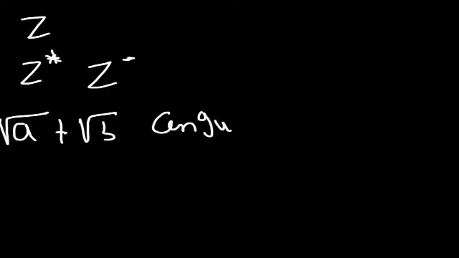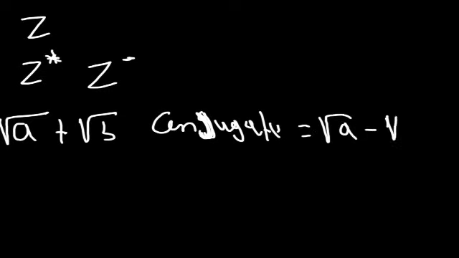Alright, if we have square root of a plus square root of b, and we have to find its conjugate, its conjugate will be equal to square root of a minus square root of b.